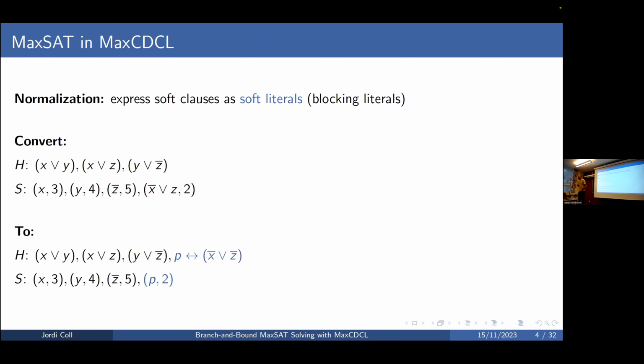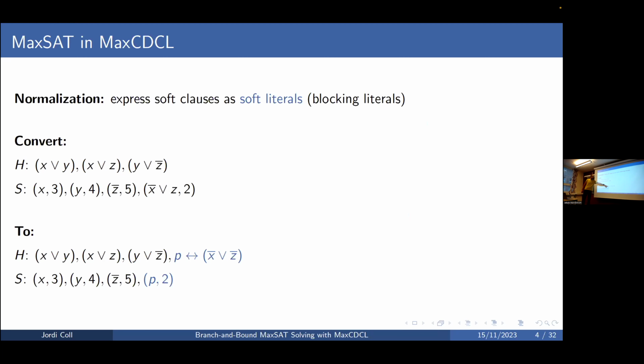Before this, I will present an alternative definition of MaxSAT. We must normalize the input formula. Basically, it's introducing blocking literals, which you are aware of, but in the MaxSAT nomenclature we call them soft literals. Every non-unit soft clause will be reified into a new variable.